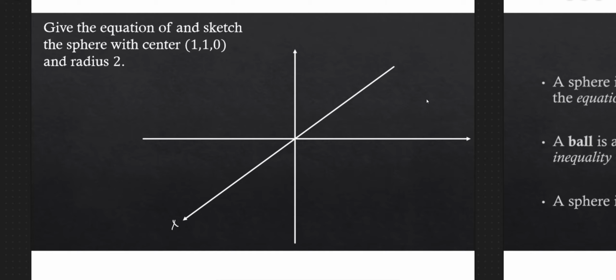So here's positive x, positive y, positive z. The point 1, 1, 0, I'll start by plotting that.